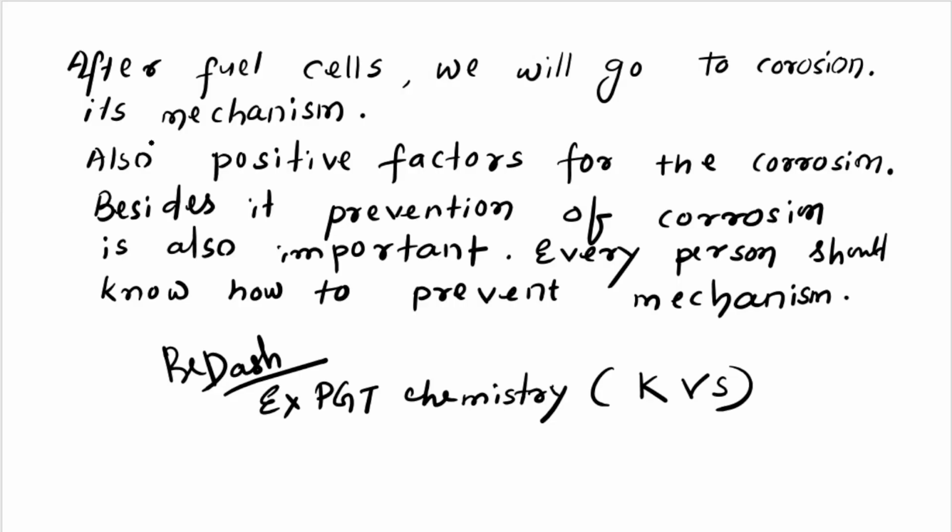After fuel cell, we will go to corrosion and its mechanism. In the 17B part, only fuel cell is covered in the whole PowerPoint. That is why you will go to the next topic, the 17C video, where we will observe what corrosion is and its mechanism, and also the factors for corrosion and how it is prevented.